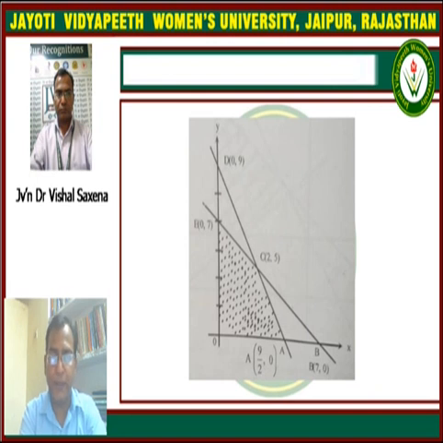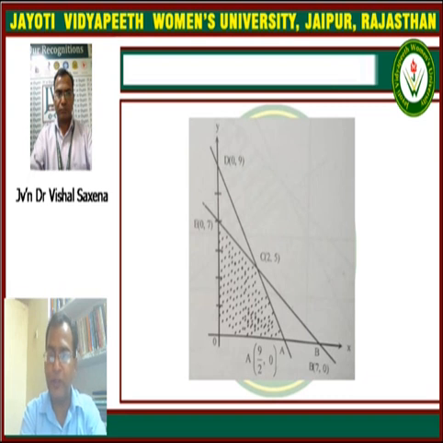The extreme points of this feasible region are the points O, A, C, E, and O, and the coordinates are shown here. O, the origin, is always 0, 0. Point A is 9 by 2, 0.